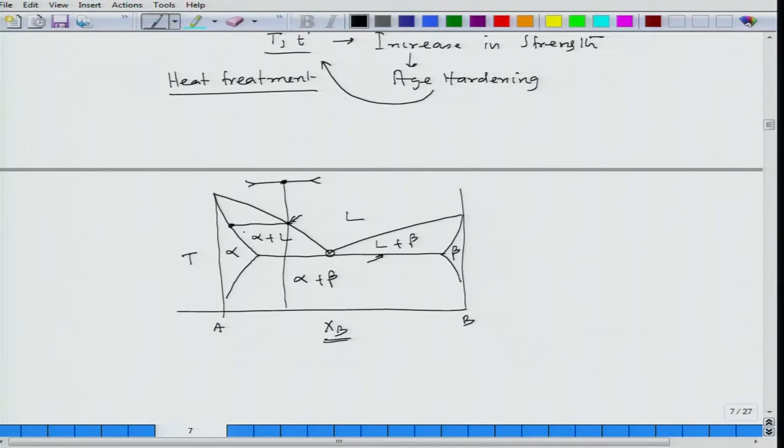Now, as we go down in temperature, the alpha phase is forming with different compositions, but if we give a very long time, then the alpha composition and the liquid composition are also enriching. That means, at this temperature, the composition of the liquid solution would be this one, and the composition of the alpha solid solution would be this one.